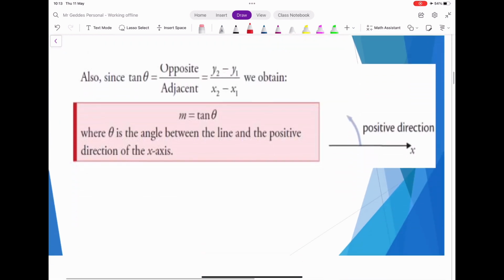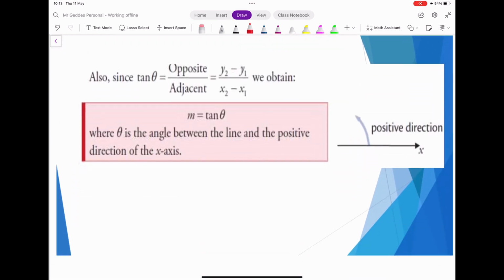So the other thing that we have, and this is new for higher, is we have a different formula for finding the gradient of a line. Sometimes, and people forget this, it's m equals tan theta, where theta is the angle that the line makes with the positive direction of the x-axis.